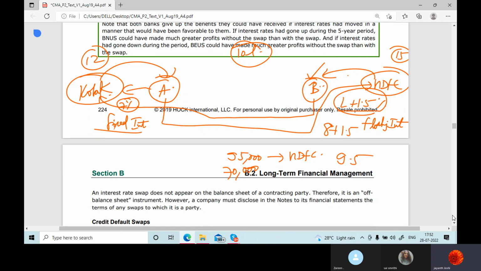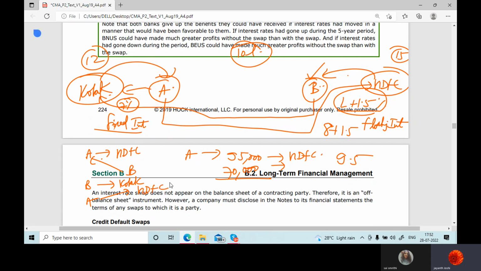I'm only explaining the structure of the swap. A is making the payment to HDFC, and he is receiving payments from B, which go to Kotak. B is making the payments to Kotak and receiving the payments from A, which go to HDFC.